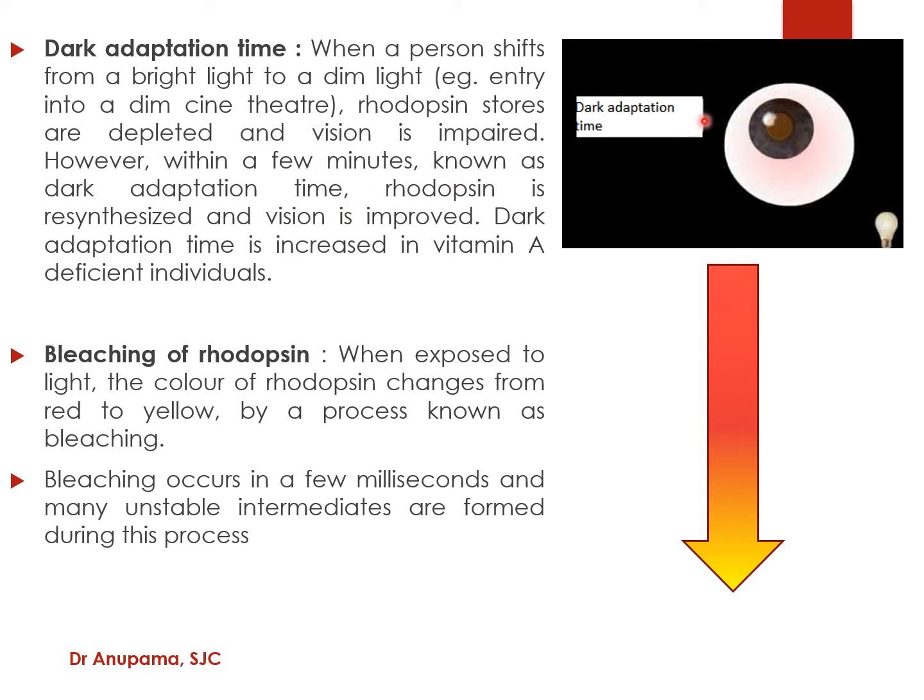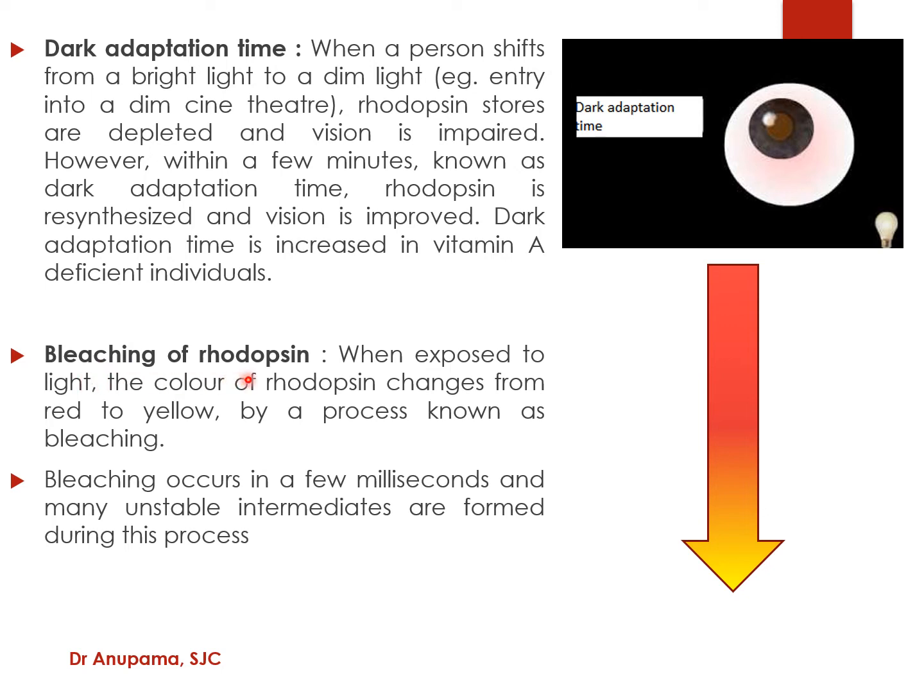However, in a few minutes, this vision is restored, which is known as the dark adaptation time, and the rhodopsin is resynthesized and vision is improved. Dark adaptation time is increased in vitamin A deficient individuals.